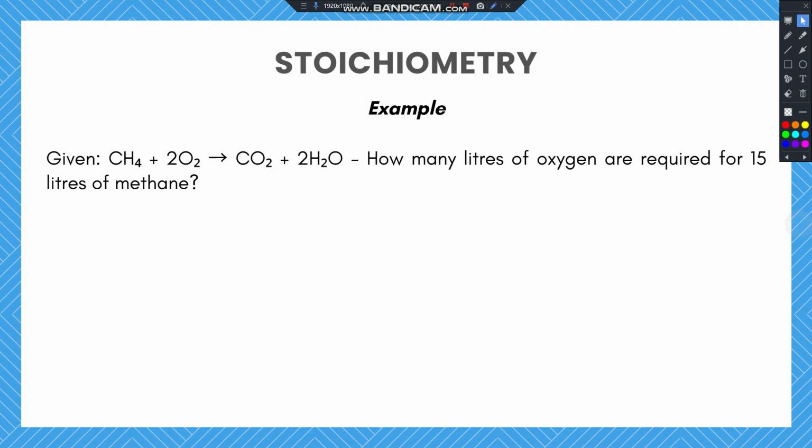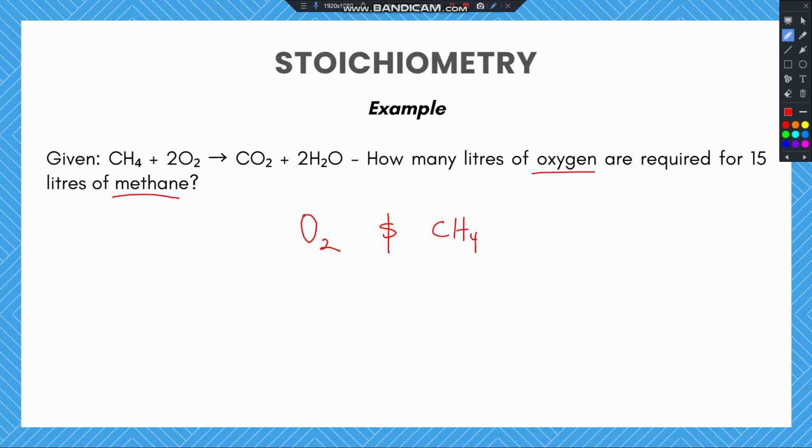Let's handle yet again another question. We have an example on the screen and it says how many liters of oxygen are required for 15 liters of methane? Well, let's set up the mole ratio first since we have the balanced chemical equation. How many liters of oxygen, so we have O2 first, are required for 15 liters of methane and we have CH4 next.